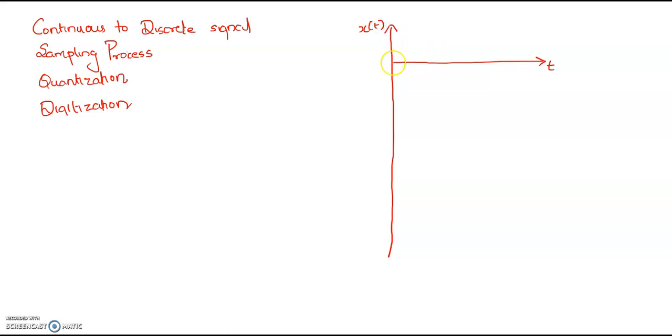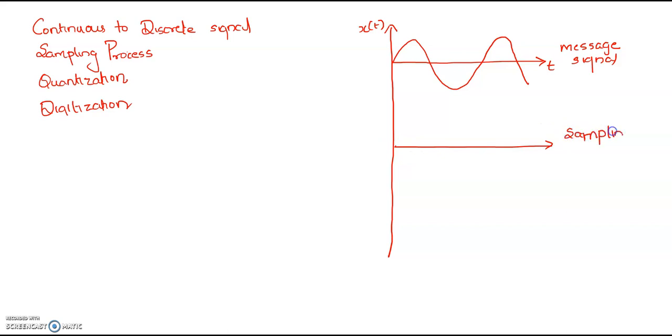I have a message signal over here, a sort of sine wave, as you can see. Let's assume this is my message signal. Now I am drawing a sampling signal. Typically sampling signals are spaced apart in a uniform way.